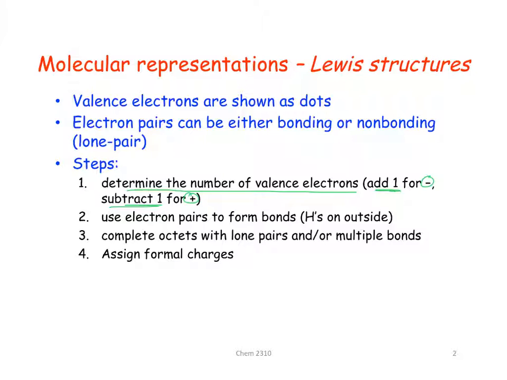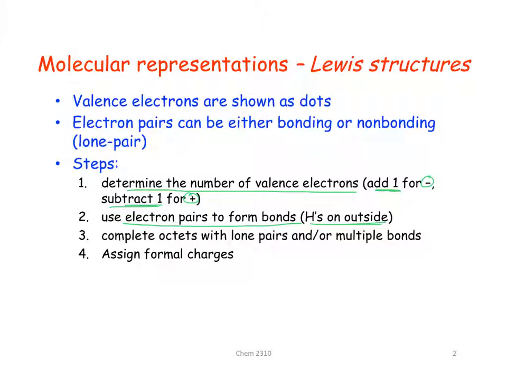Next thing we're going to do is we're going to use electron pairs to form bonds, and we're going to use dots for the electrons. Typically the H's are always going to be on the periphery of the molecule, right? Because H's can only have a single bond.